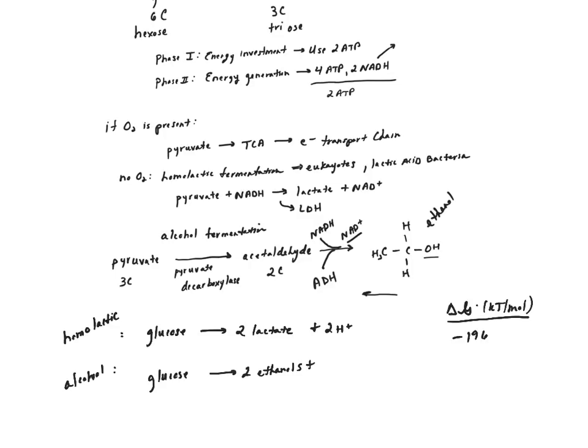So if we go back up to our alcohol fermentation, this took place in 2 separate steps, right? We had pyruvate, and then what did we do to it? We decarboxylated it, right? So what do we do when we decarboxylate something? We're going to take out a minus CO2, okay? So those other 2 carbons come in the form of CO2 in alcohol fermentation. And overall, for this reaction, we have a Gibbs free energy value of a minus 235 kilojoules per mole, okay?